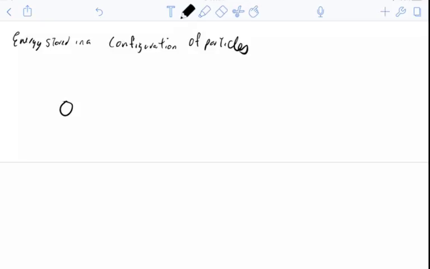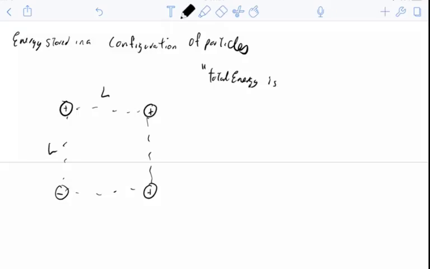It said that there were 4 charges, each of them with a total charge Q, arranged on a box where the length of the side is L. And it said the total energy is KQ squared over L, with Q and minus Q. Oh, it says that it's proportional, so it's KQ over L times a term. And then it was asking you for that term.